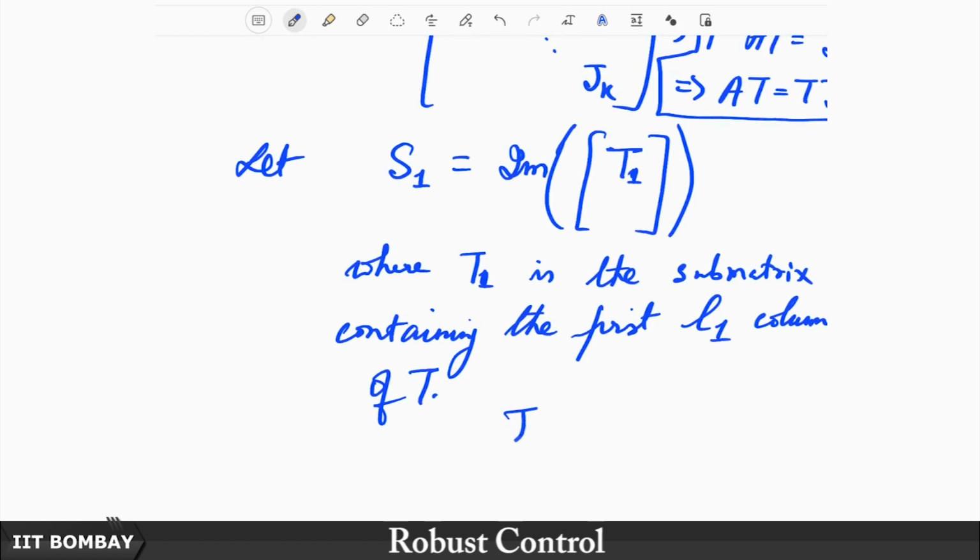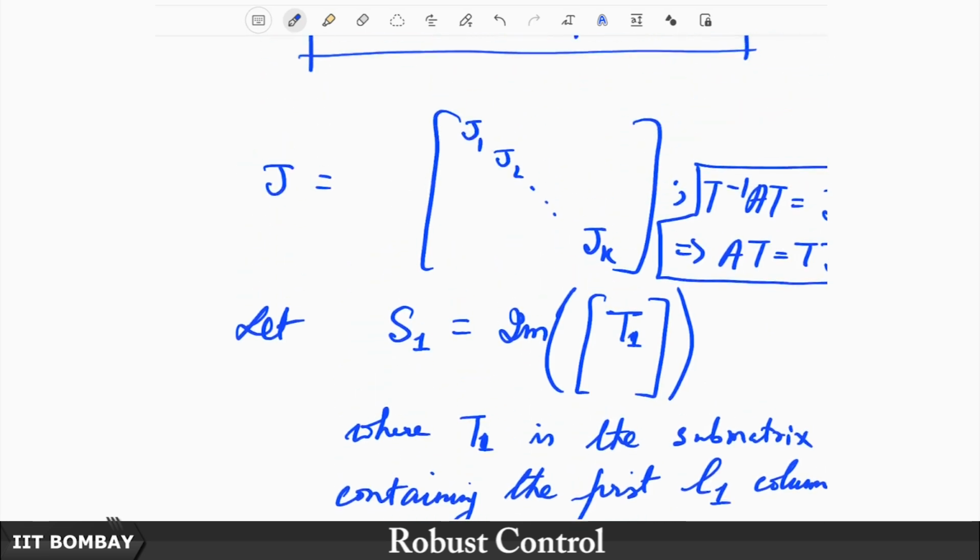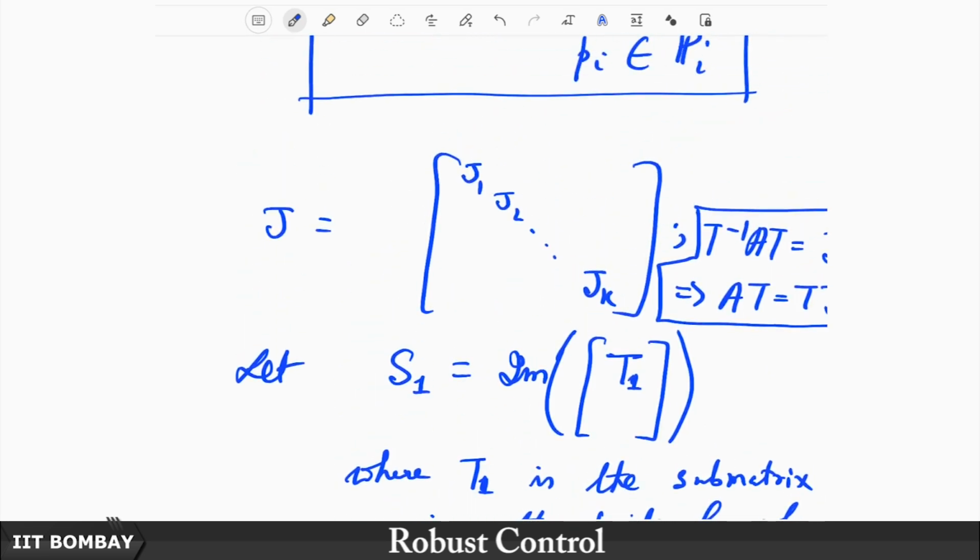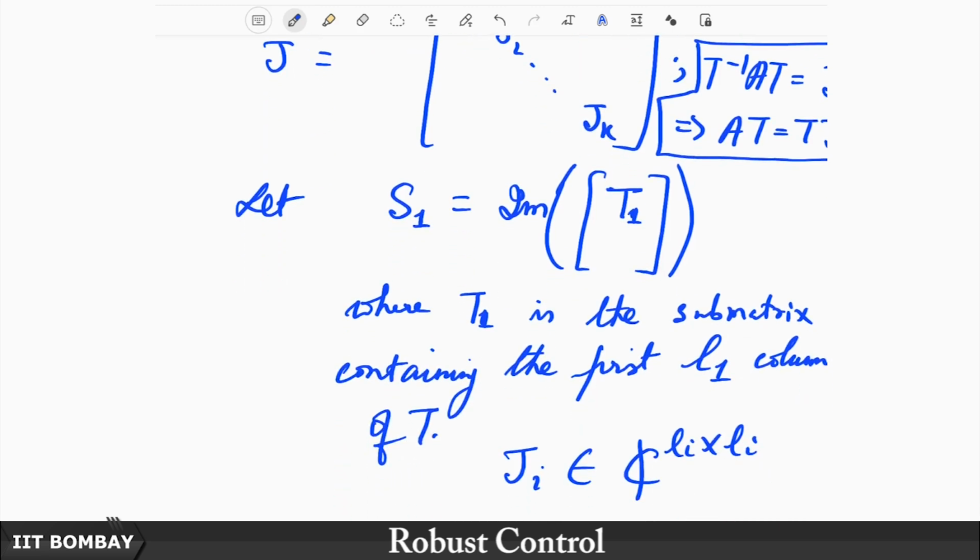So we say that Ji belongs to C Li cross Li. So each Jordan block, the k Jordan blocks that we have here, the ith Jordan block is of size Li, right. So I am saying that I am taking the first L1 columns of this matrix T, right.